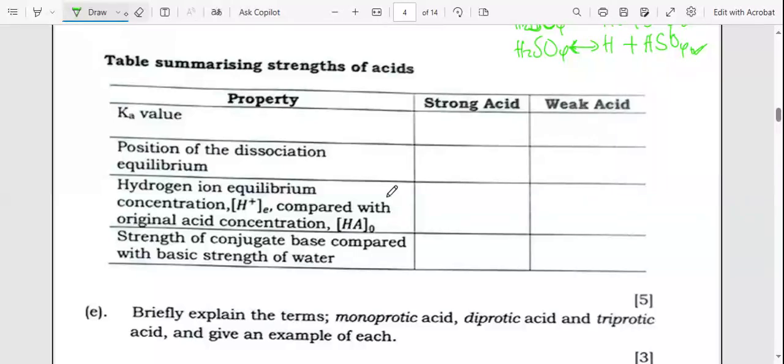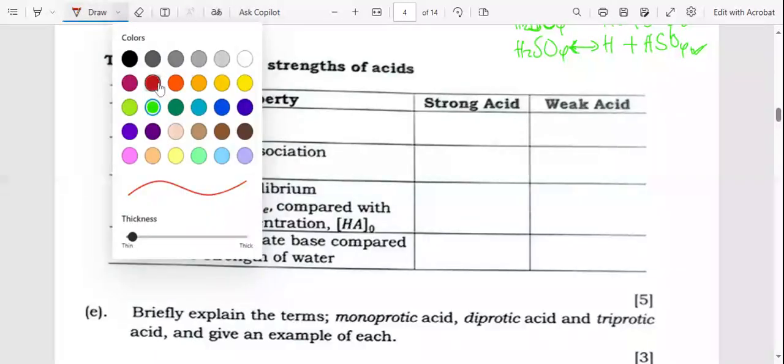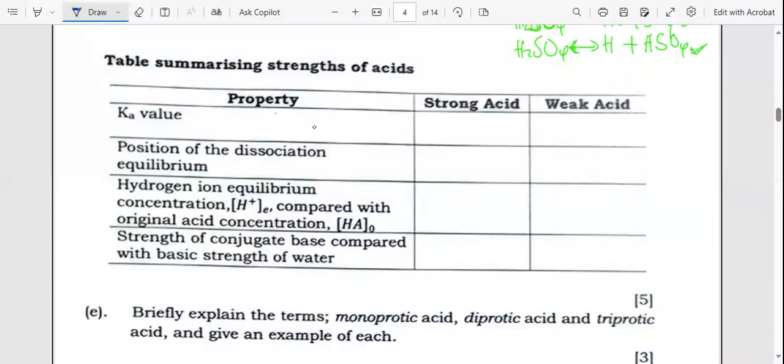So now what we are trying to say is that we have what we call the K value for strong acid and for weak acid. The K value for a strong acid will be very large. Why?